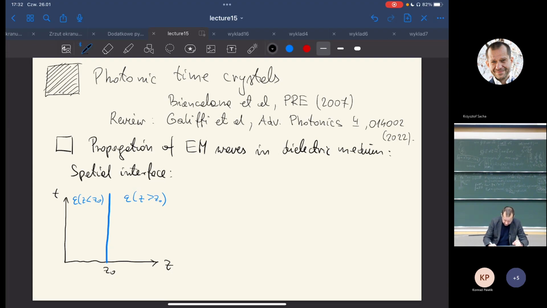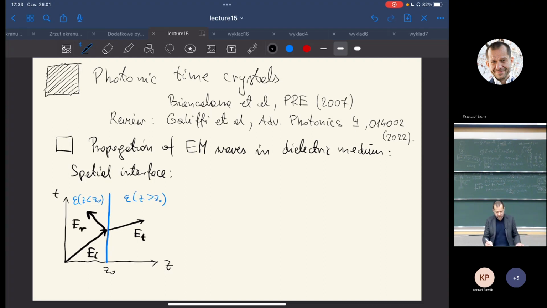And suppose that we have a wave packet which propagates with a certain velocity. So this is an incident wave. And then we know that some part of the wave is transmitted to the part of the medium with a different dielectric constant, but also some can be reflected.